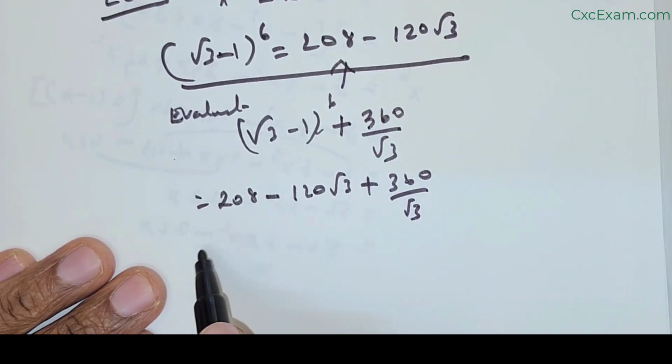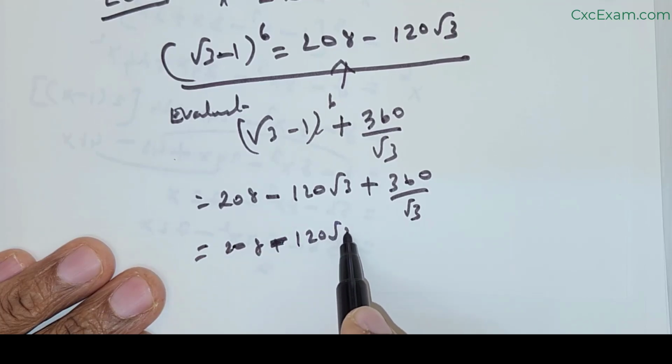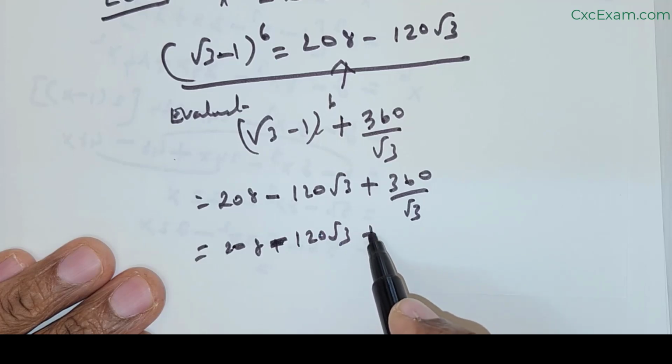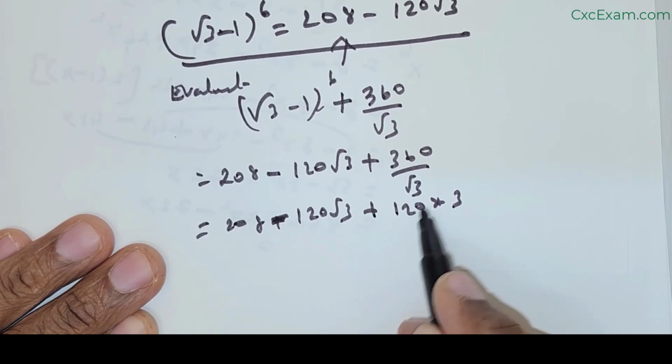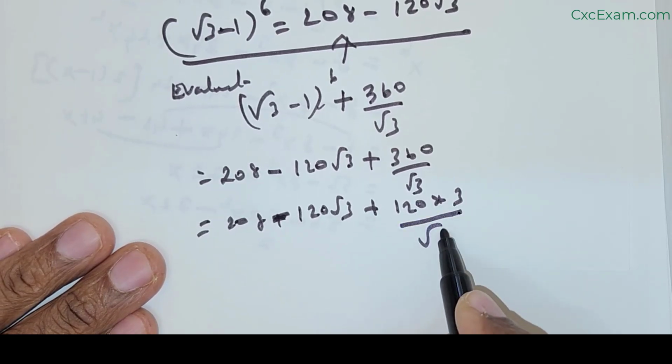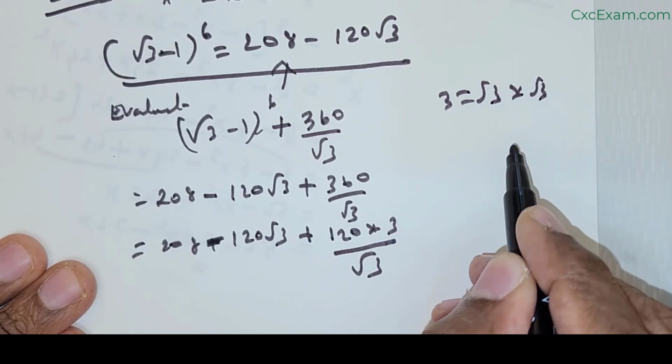Now what I'm going to do is write 360 as 120 times 3, divided by √3. Now 3 is actually √3 times √3.